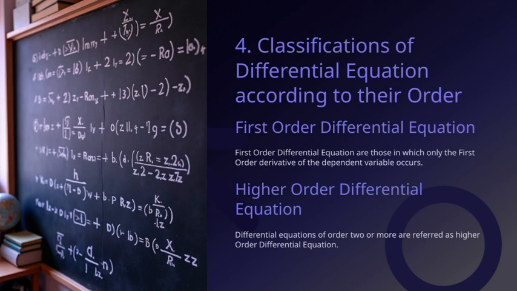It's a fundamental step in understanding differential equations as a whole, because the order directly influences the methods we'll need to solve these equations. So in this slide, we're highlighting the distinction. Higher-order equations involve derivatives of order 2 or more, while first-order equations involve just the first derivative. Recognizing this difference is key as we move forward in solving and applying these equations to real-world problems.